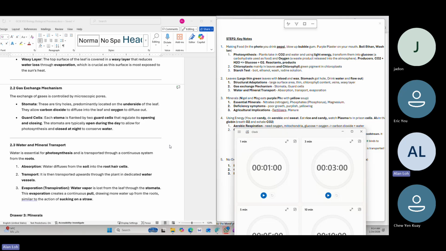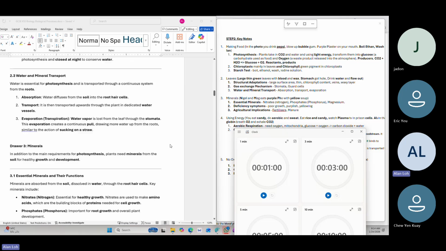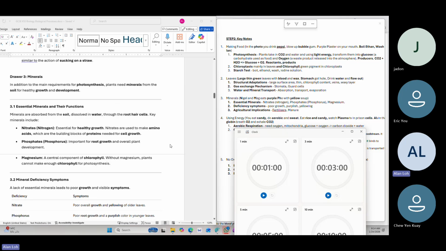I'll give you 3 seconds. 1, 2, 3. Okay, so that means it's very clear what we are doing right now and what I'm trying to tell you related to how you are able to learn using the brain drawer, right?